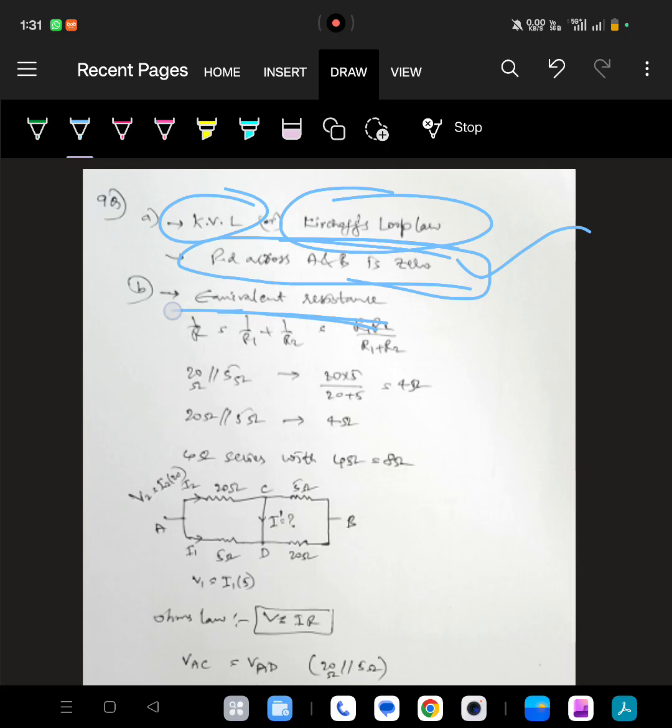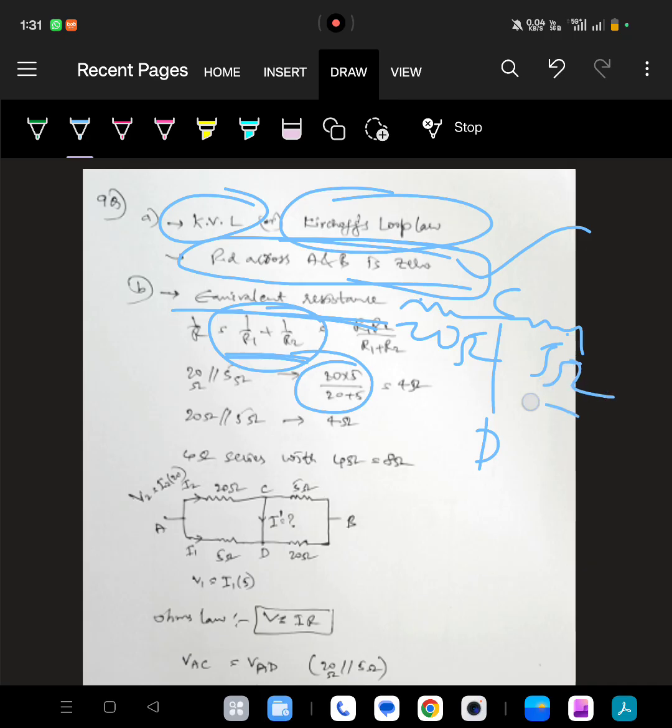Next, what do we have to find? The equivalent resistance is asked. The resistors are in parallel: 20 ohms and 5 ohms are in parallel in the first case, as the wire CD is dividing the 20 ohms and 5 ohms, so they will be in parallel.